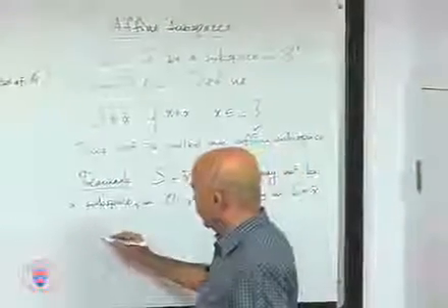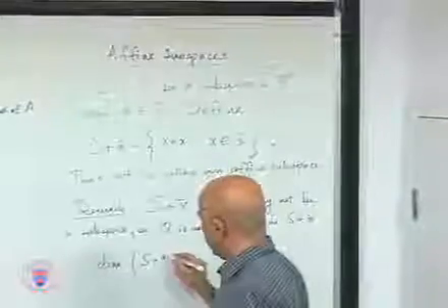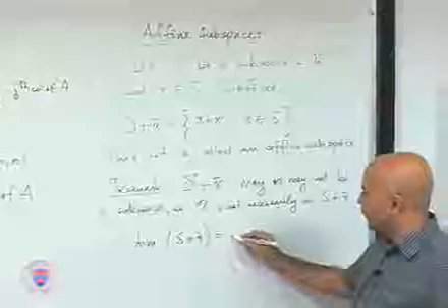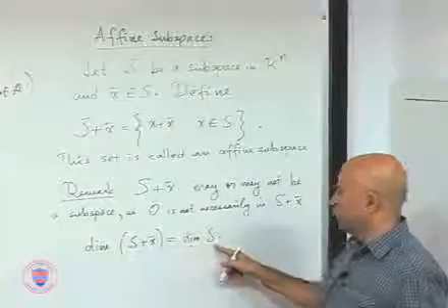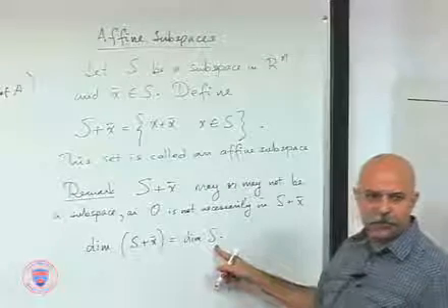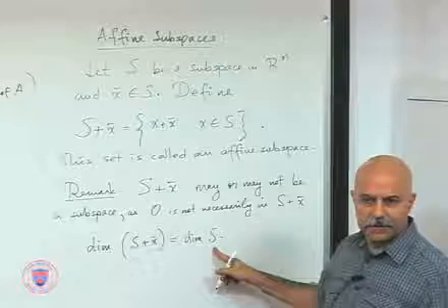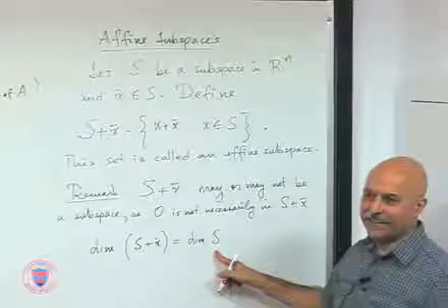We define the dimension of S plus x bar as the same as the dimension of S. So the dimension of S is defined in a certain way. What was the dimension of S?